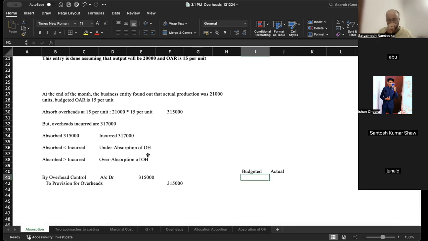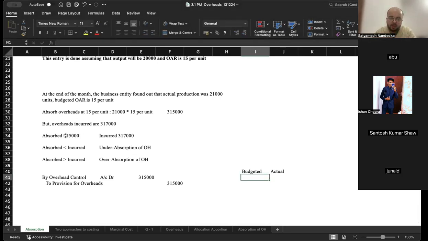So the discussion on under or over absorption of overheads, you will not get a question specifically dedicated to this, but in a question you will often have the term under or over absorption of overheads thrown at you, and at that point you should not be confused about what under or over absorption means.